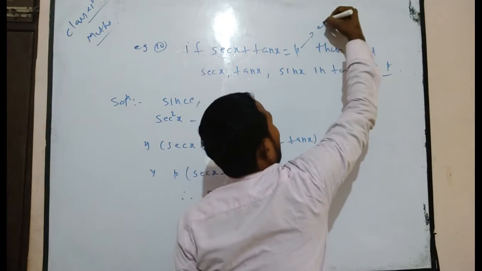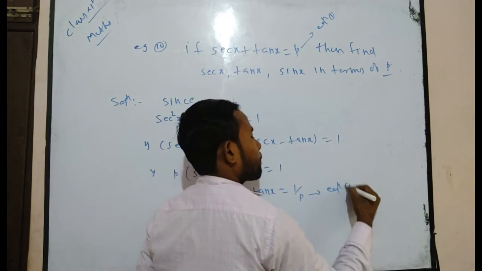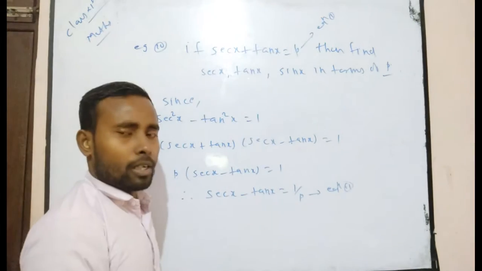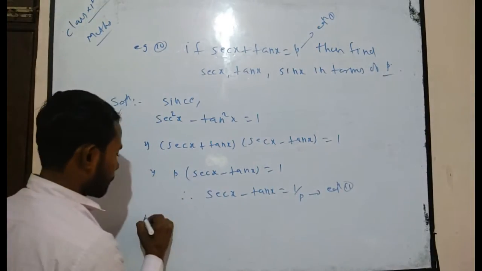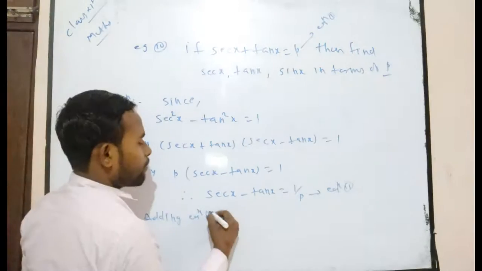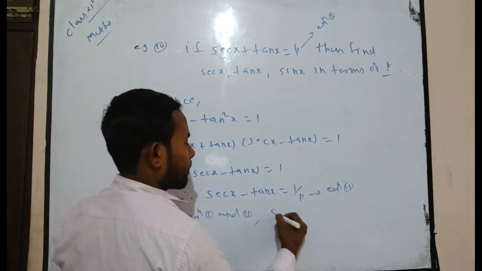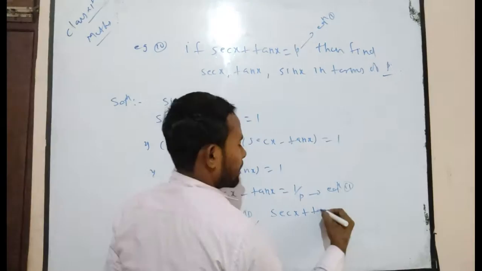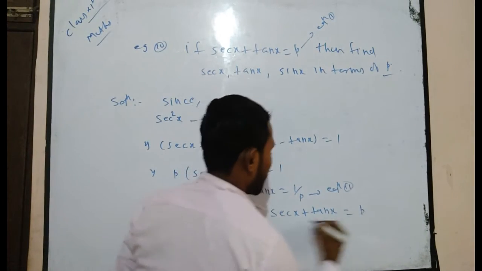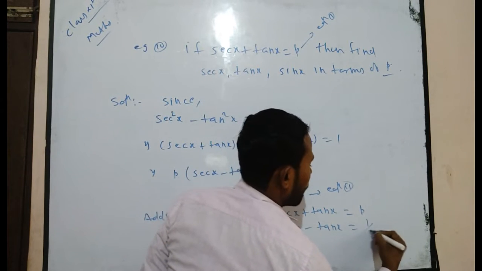Suppose the given equation is the first and this is the second equation. If you add both equations, then what do we get? We get sec x plus tan x is equal to p and sec x minus tan x is equal to 1 upon p.